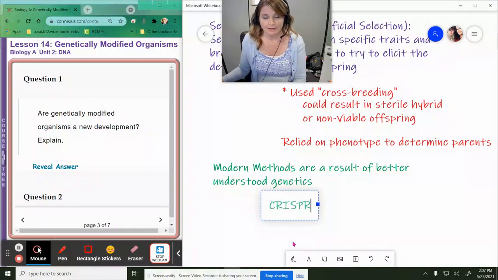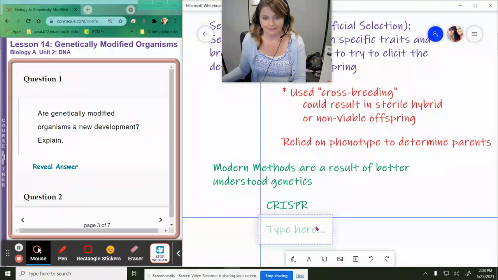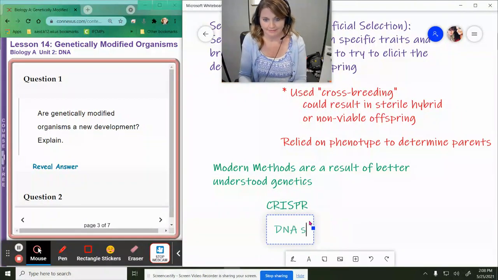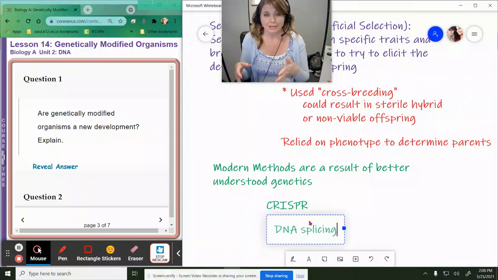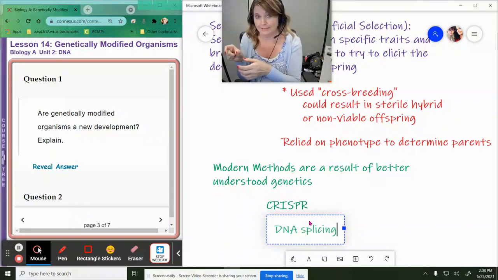What CRISPR does is it's a method of genetics, or DNA splicing. They can actually take a segment of DNA that's desired from one organism and take it out and put it into another organism and splice it in place so that it's one continuous segment of DNA.